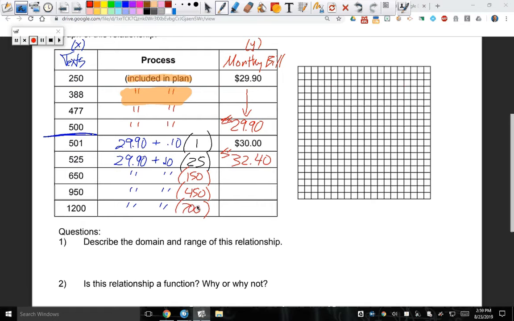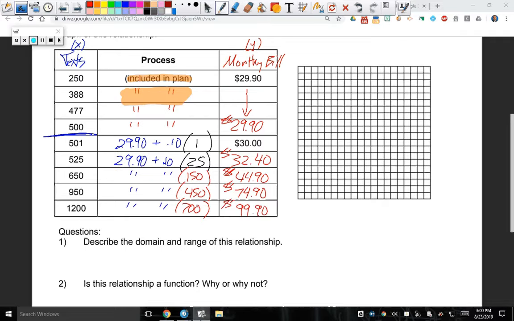Nice. Now, I will save you the time, but putting this into the calculator, we will get $44.90, we will get $74.90, and we will get $99.90. Questions so far?